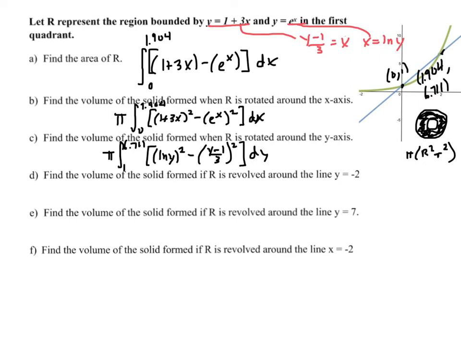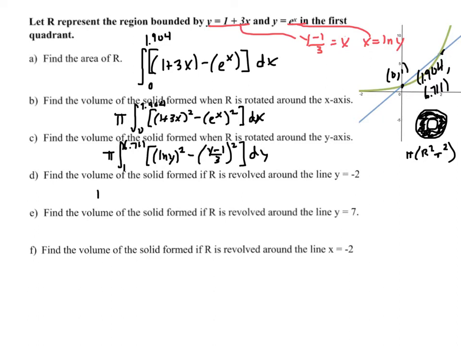Okay. Now, if we were to rotate around the line y equals negative 2, well, y equals negative 2 is down here. The line used to give me the radius, how far off the axis I am, but now I've made the radius 2 units larger.